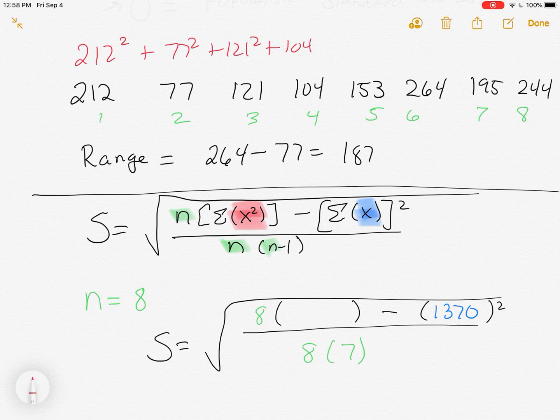So it's 212 squared, and I would recommend not writing out what that is, plus 77 squared, plus 121 squared, plus 104 squared, plus 153 squared, plus 264 squared, plus 195 squared, plus 244 squared.